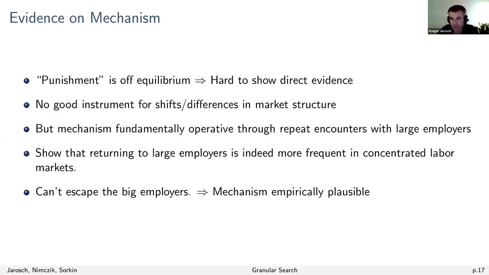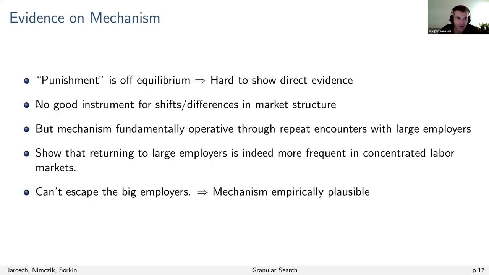We have some anecdotal stuff about this in the paper. But on a high level, this punishment micro foundation really just plays out of equilibrium. So it's hard to show direct evidence, because in equilibrium these blacklists are always empty.